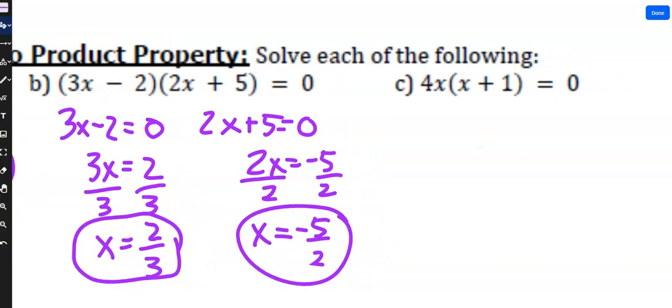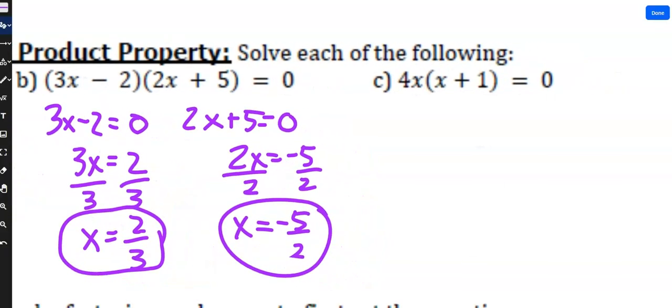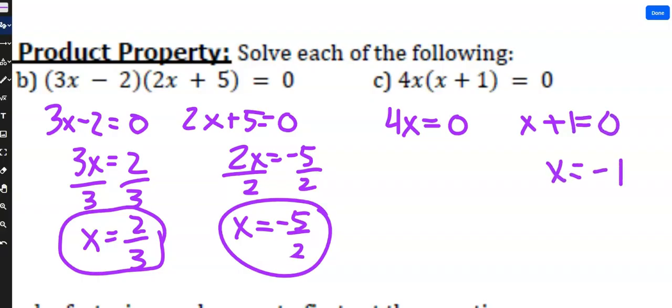Now, this is one I always worry about. You get it in factored form, and kids don't know what to do with that first one. Kids always know what to do with the second one. They say x equals negative 1, and then they make up all kinds of things for this other one. Remember, all you're doing is solving for x, so how do you get rid of multiplication? You divide.